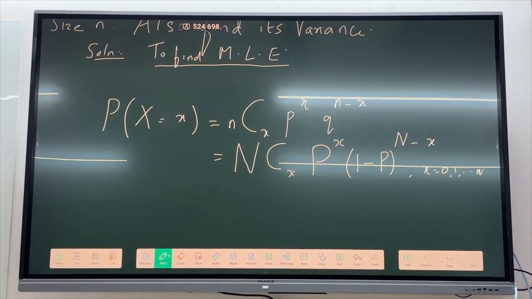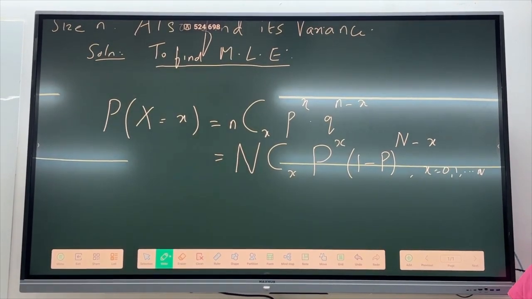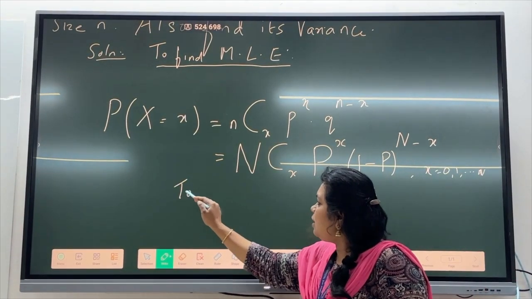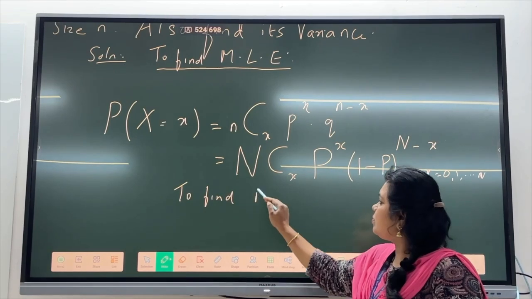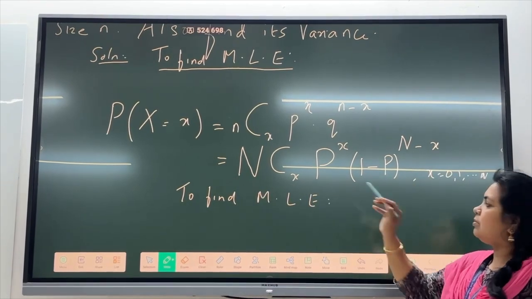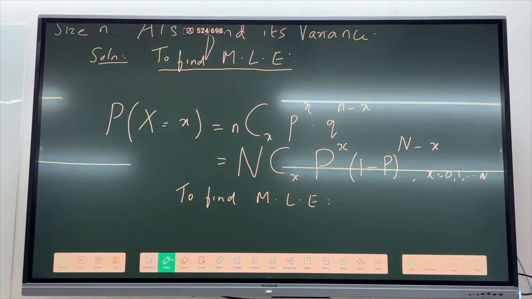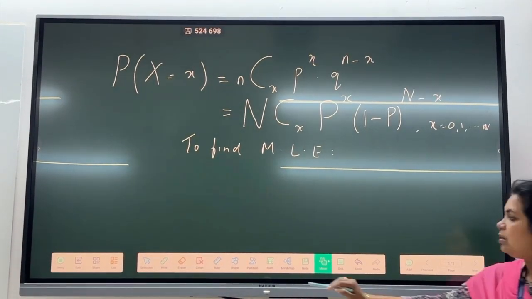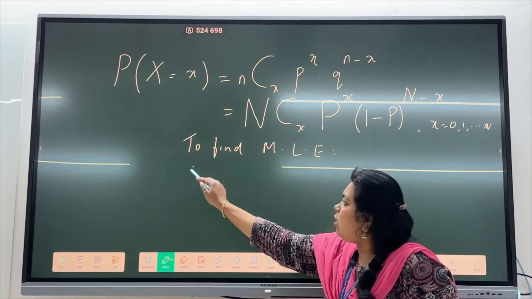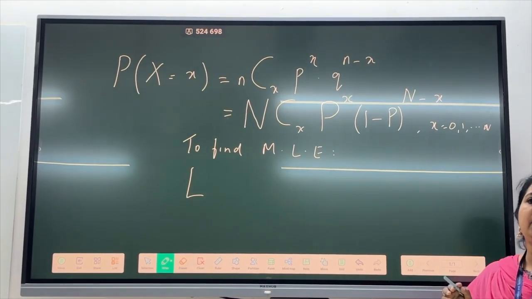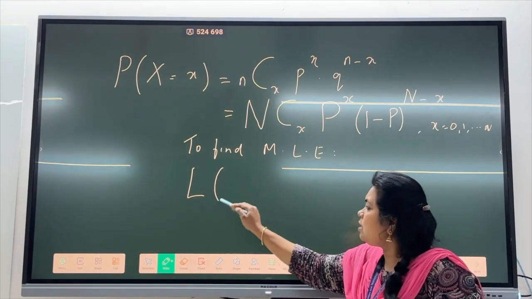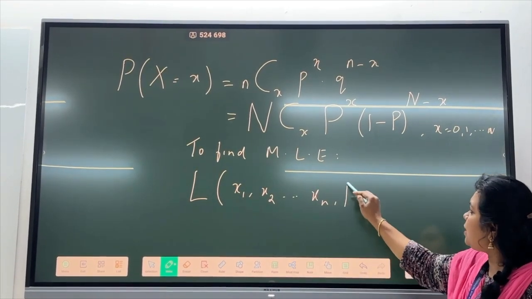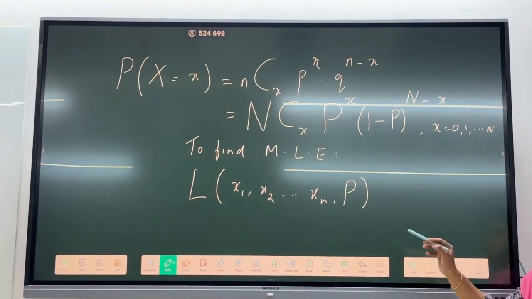Now, the next one is, we have to find the likelihood estimator. To find the MLE, what is the formula? The likelihood function L of x1, x2, up to xn, comma capital P. Why did I write capital P?